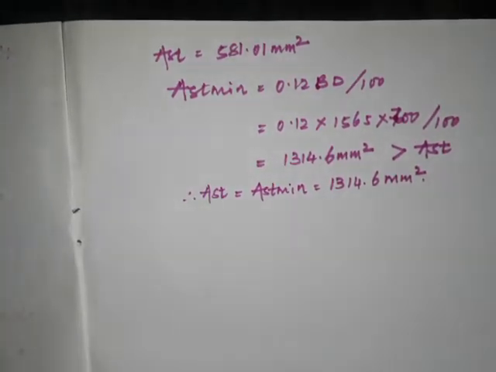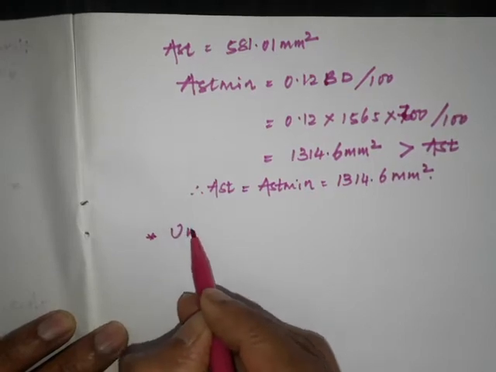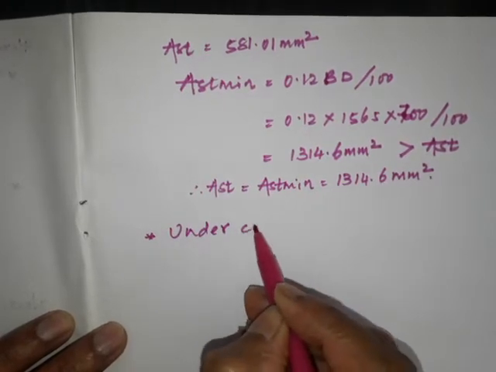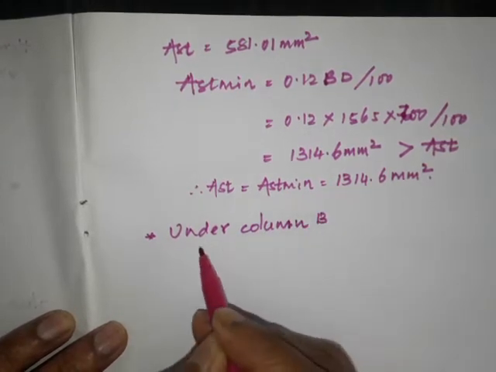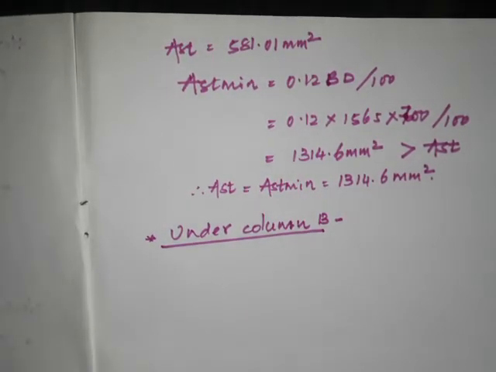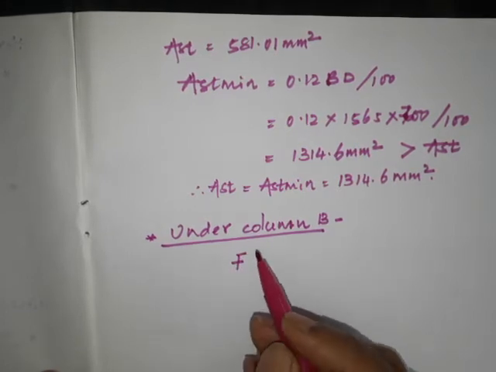Then the same you have to calculate for under column B. I'll just calculate the factored load here, later on you have to continue with the same calculation.